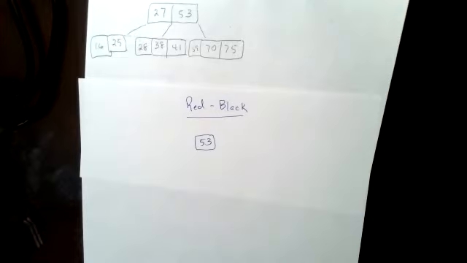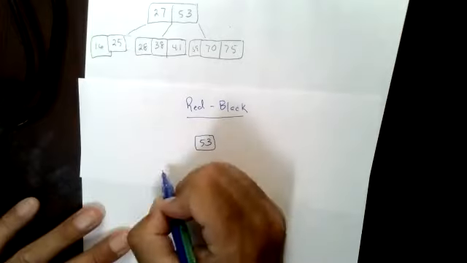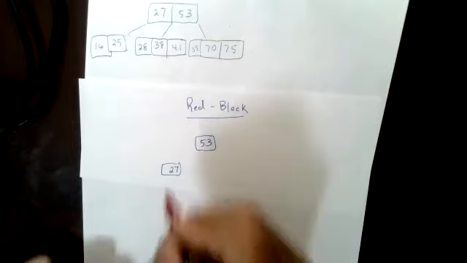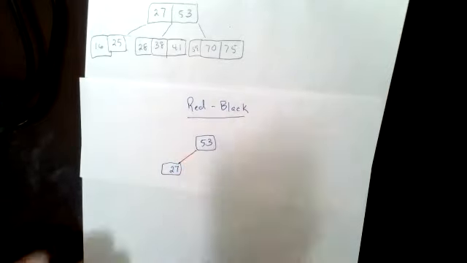So where would the 27 go? Well, if I'm building a binary search tree, where does the 27 go? To the left. So over here is going to be 27. And I'm going to connect it with red because all siblings are connected with red.